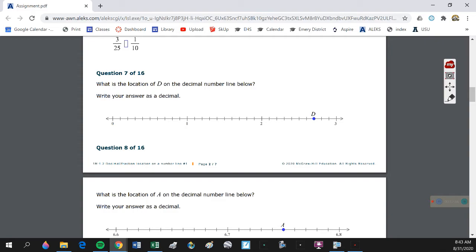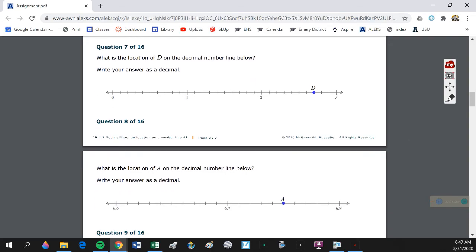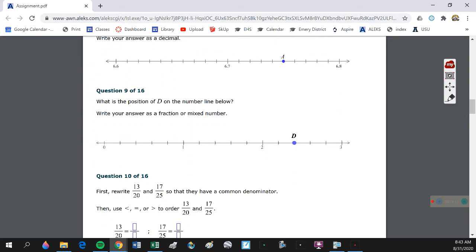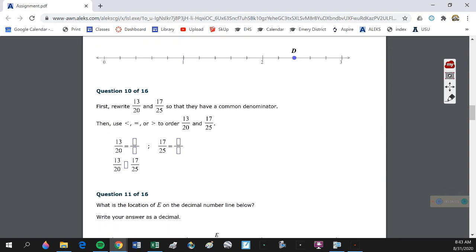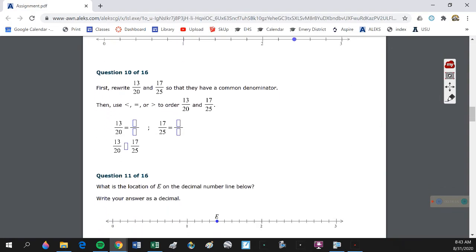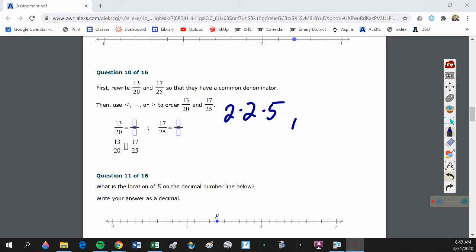Decimals. What would number 7 be as a decimal? 2.7. Good. Another decimal. Okay. Let's do this one. 20 is made up of 2 times 2 times 5. 25 is made up of 5 times 5.